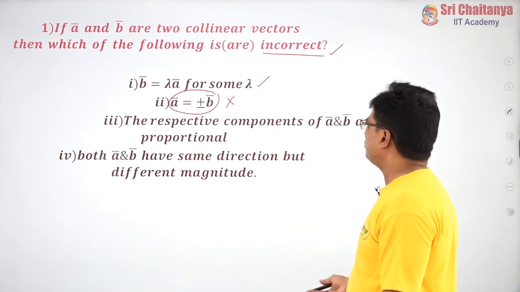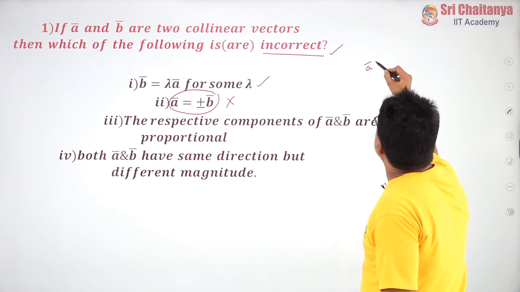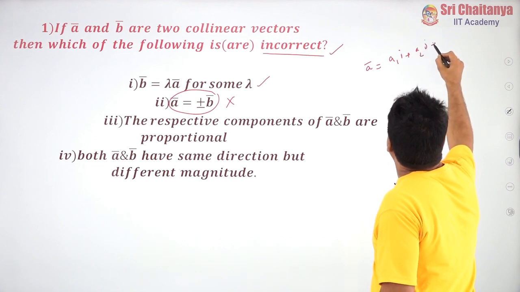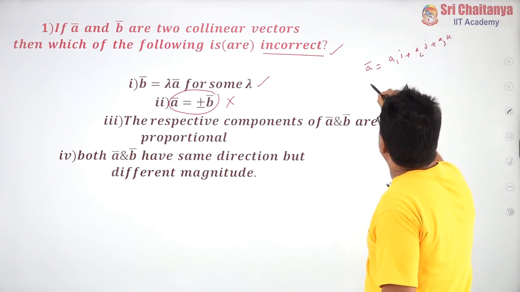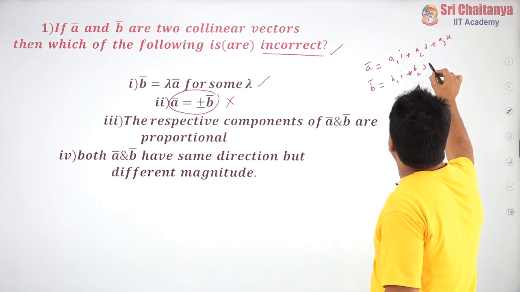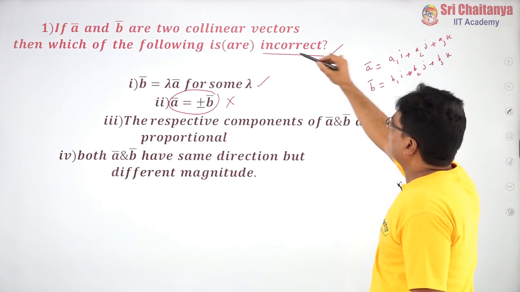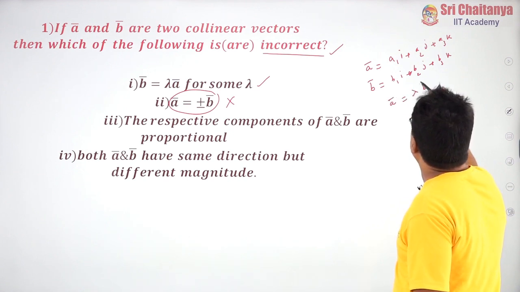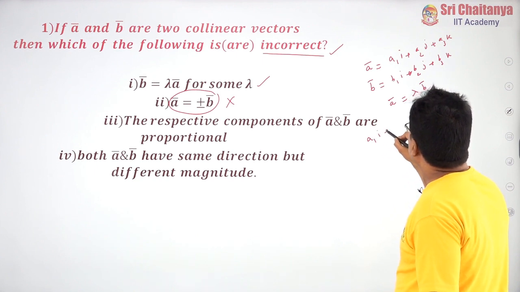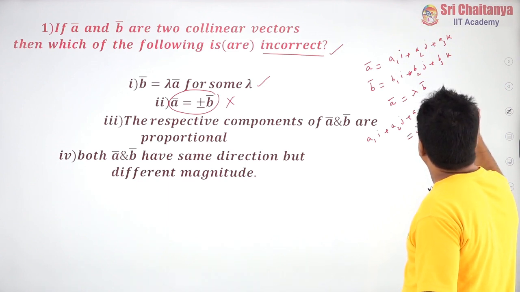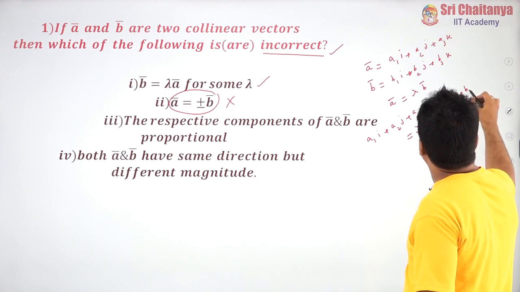Yes, if they are proportional, suppose A bar is equal to A1 i plus A2 j plus A3 k and B bar is equal to B1 i plus B2 j plus B3 k. If these two vectors are collinear, then as per the definition, one vector is a scalar multiple of the other. So A1 i plus A2 j plus A3 k equals lambda times B1 i plus B2 j plus B3 k.